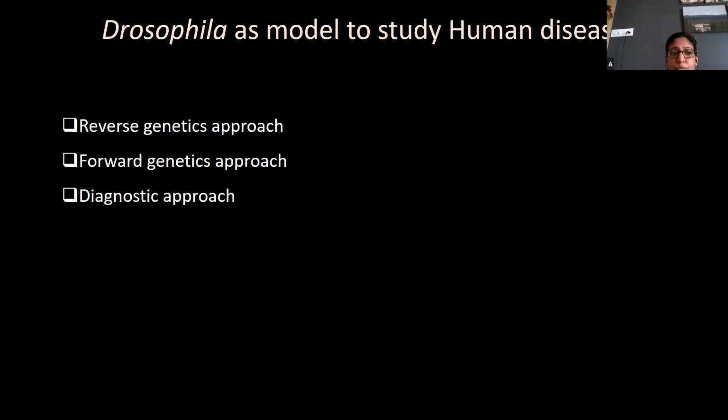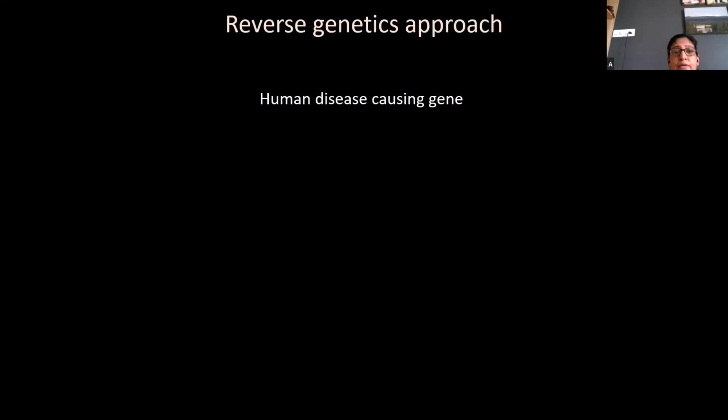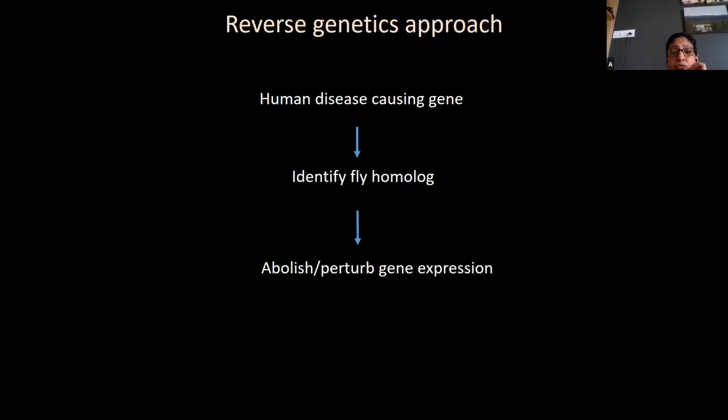So basically, what is the reverse genetic approach? The reverse genetic approach starts where we already know which gene is causing disease in human. Since we have this information, we go and find out whether there is a homolog of this gene in Drosophila. Once we find a homolog in Drosophila, we try to perturb its expression.